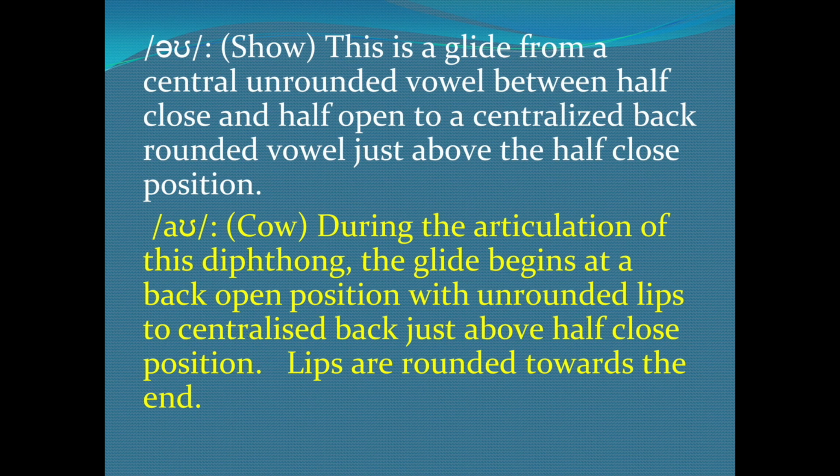In the articulation of this diphthong, the glide begins at a back open position with unrounded lips to a centralized back position just above the half close position. For show and cow, both end at the position just above half close, and lips are rounded towards the end for both of these.